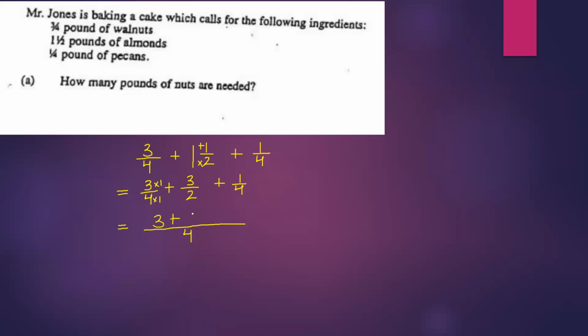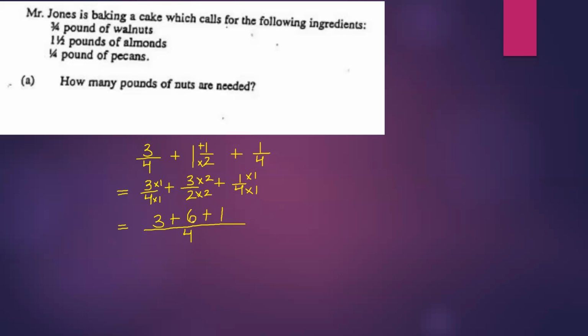What times 2 gives us 4? 2, very good. Multiply by 2. 3 times 2 is definitely 6, plus. What times 4 gives us 4? 1. 1 times 1, so it's going to be 1.